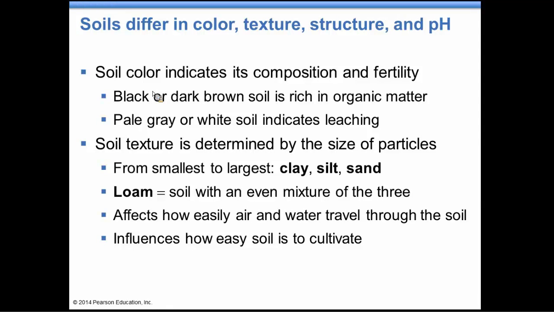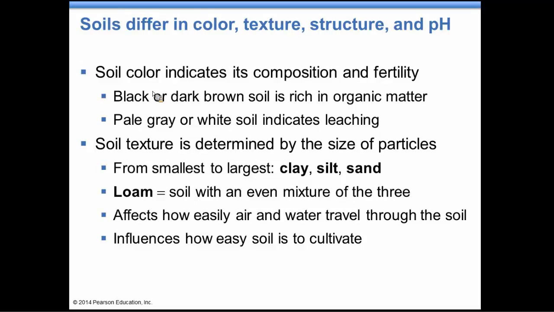Soil texture is determined by the size of particles. So clay consists of particles less than 0.002 millimeters in diameter, silt of particles 0.002 to 0.05 millimeters, and sand of particles 0.05 to 2 millimeters.